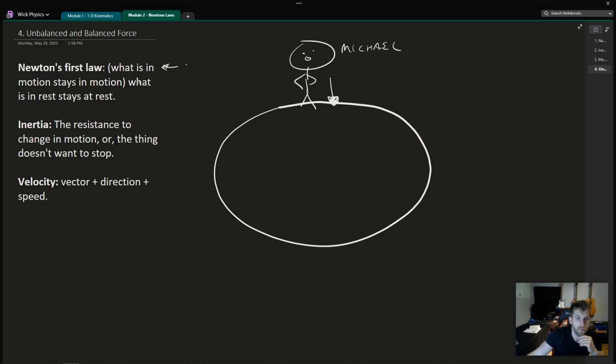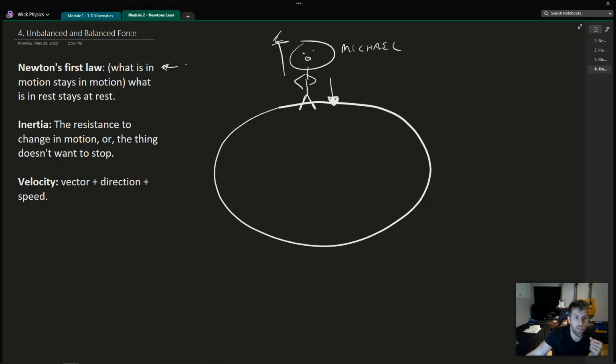Michael developed leg muscles. If Michael was just bone, Michael would not be able to stand up and withstand the force of gravity. So Michael has a normal force.